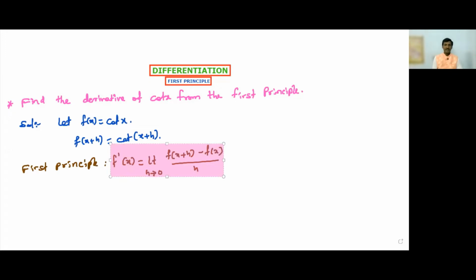Now substituting all the values, f dash of x is equal to limit h tends to 0, f of x plus h, that is cot of x plus h, minus f of x, that is cot x, divided by h. I am writing as it is.